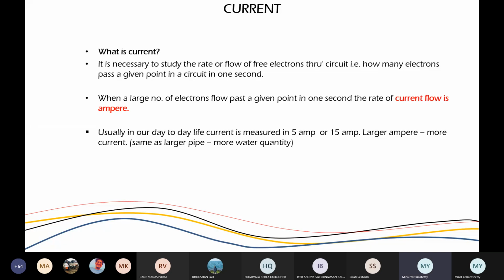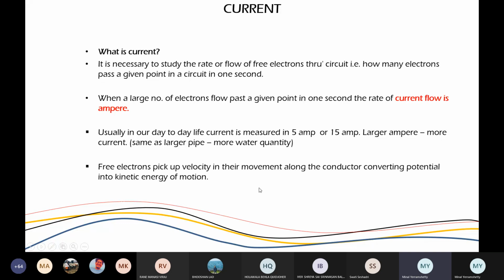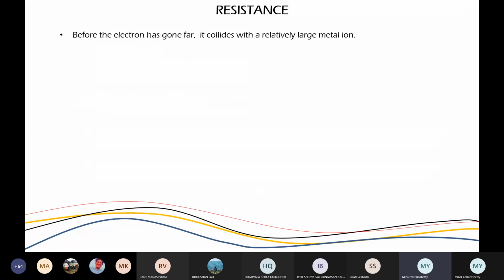Free electrons pick up velocity in their movement along the conductor, converting potential into kinetic energy of movement. And that's where I have to take care. Now, before the electron has gone far, it collides with a relatively larger metal ion. You understand now what I'm trying to say. You have an atom, right?